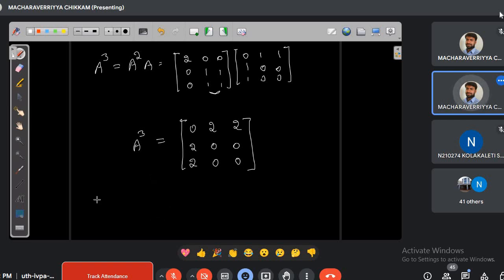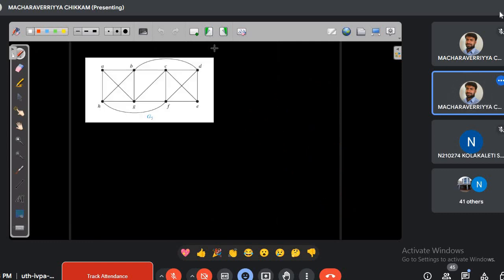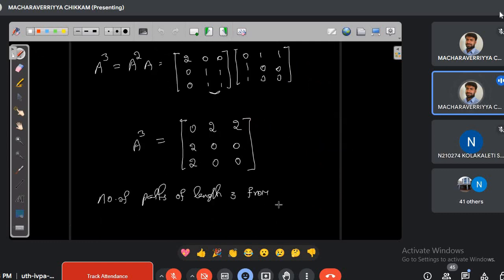Now we can say the number of paths of length 3 from, how did I name the vertices? I named the vertices as 1 2 3. All right, so from 2 to 3.